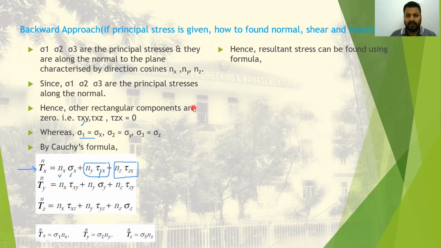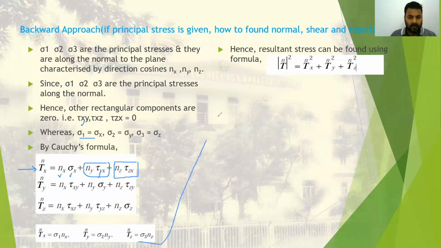The resultant stress can be found by this formula. Since we know Txn, Tyn and Tzn, we simply need to put in the values.